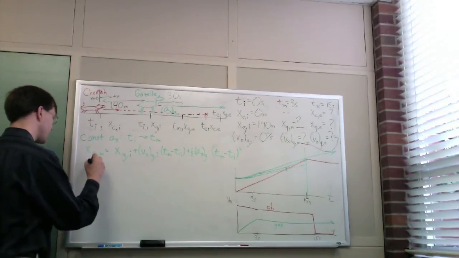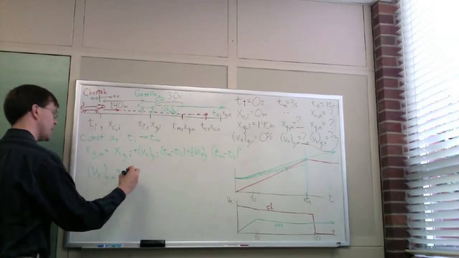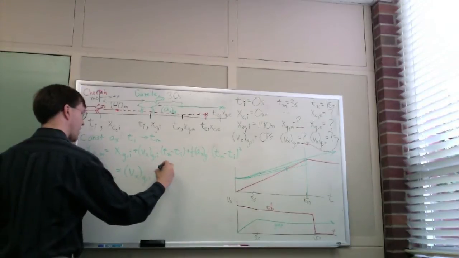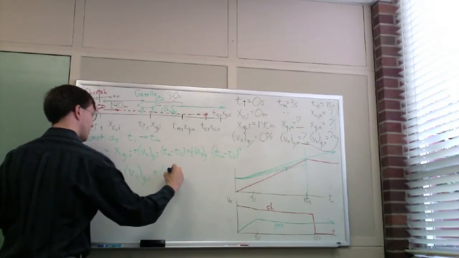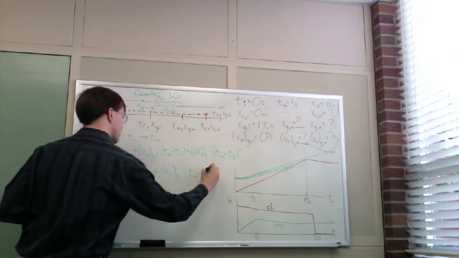The second equation: Vx gazelle maximum speed is equal to Vx gazelle initial plus the acceleration of the gazelle times t max minus t initial.